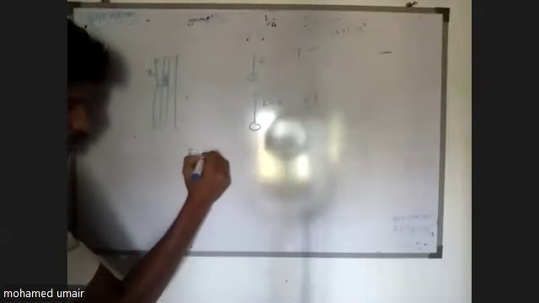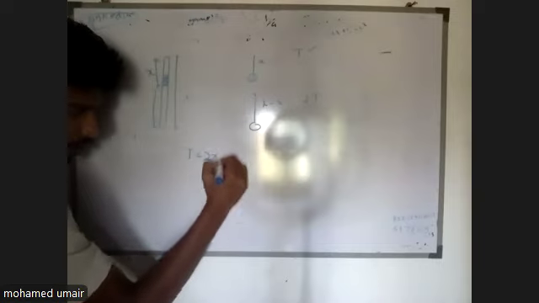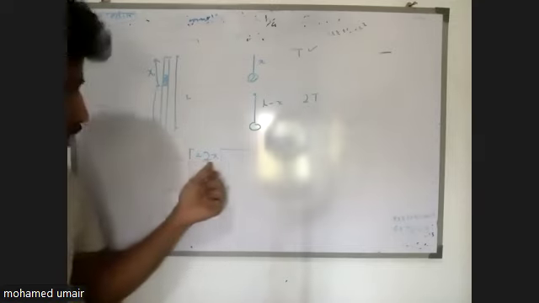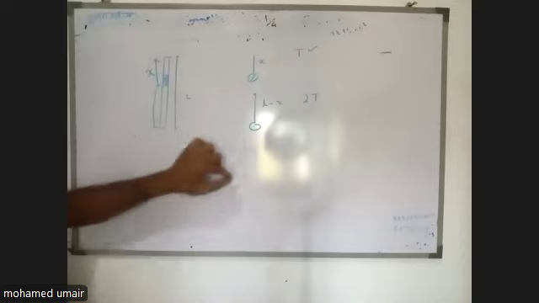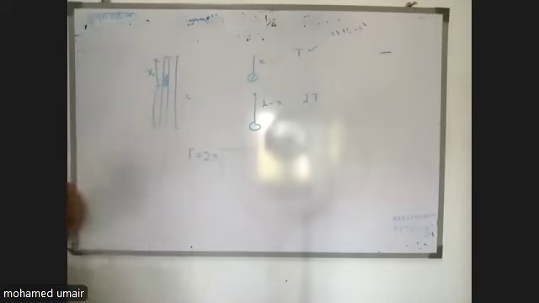T is equal to 2 pi square root of L over g, where L represents the length of the string.